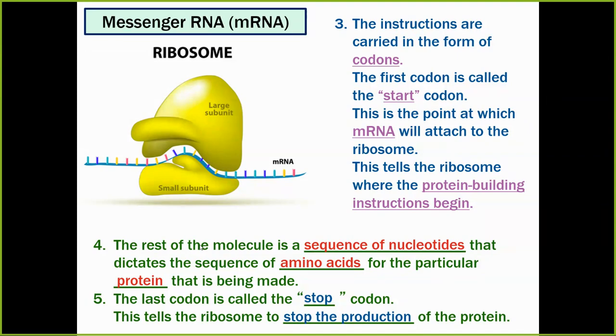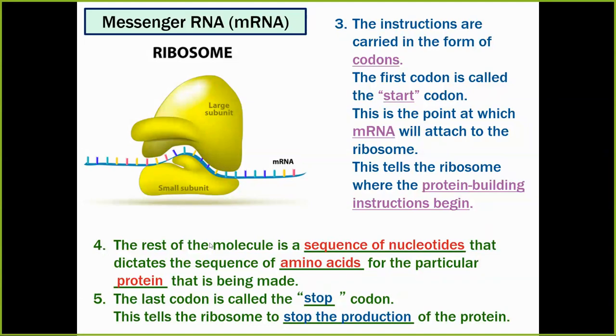That is the point where the mRNA actually can attach to the ribosome. And it basically just tells the ribosome, hey, this is where we're going to start building this protein. Because keep in mind, the mRNA is not a full copy of all the DNA. It is literally just going to be the number of nucleotides that we need to build a specific protein. I always tell people mRNA is like a single word in the dictionary.